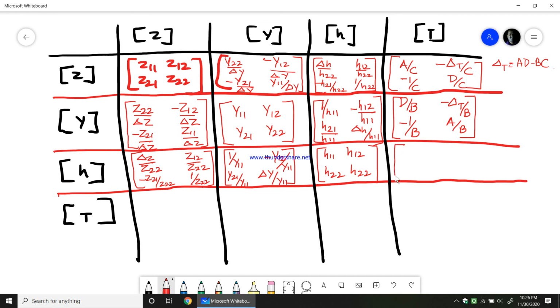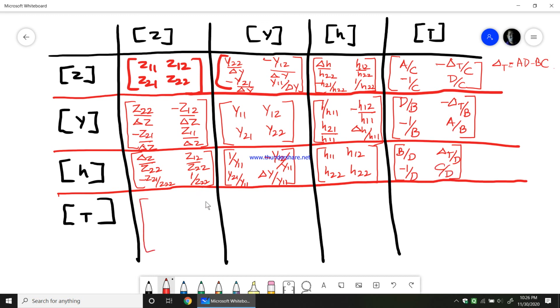Now coming to H parameters in terms of T parameters, if you derive, B by D is H11, delta T by D is H12, minus 1 over D is H21, C by D is H22.